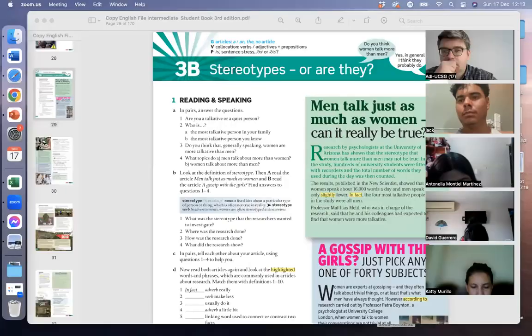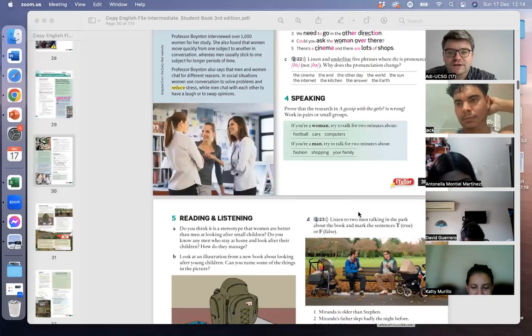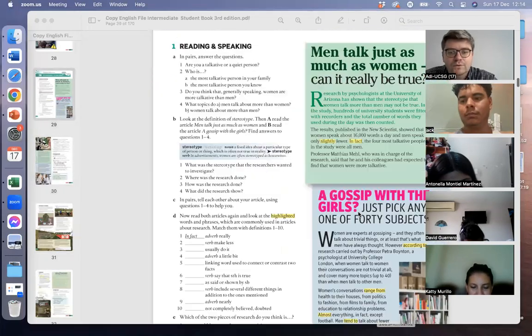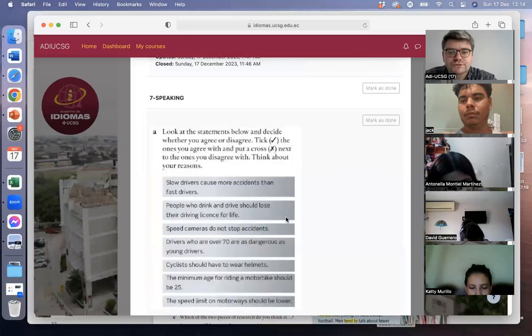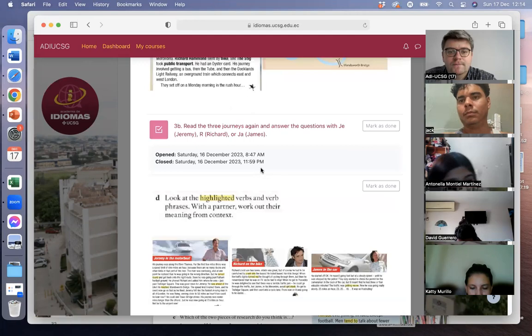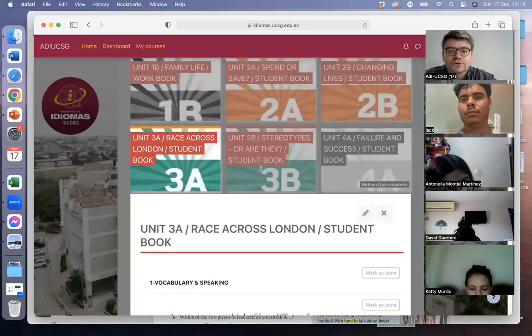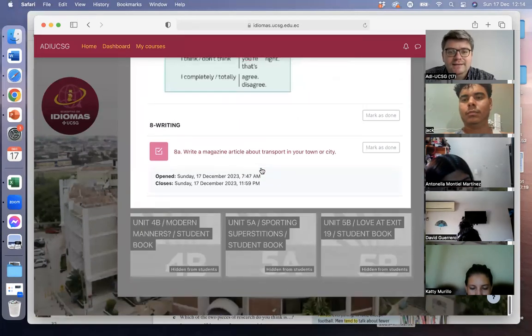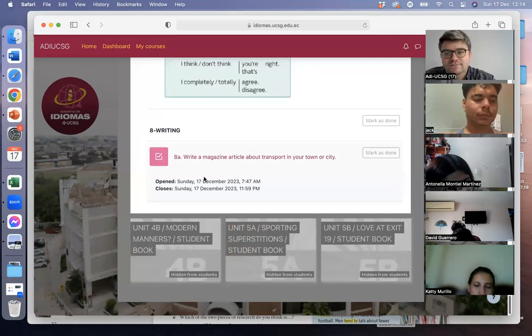Now, as the time is quite strict here, I would like you to do this activity. So again, you log into Moodle, Unit 3A, right at the bottom, writing activity.